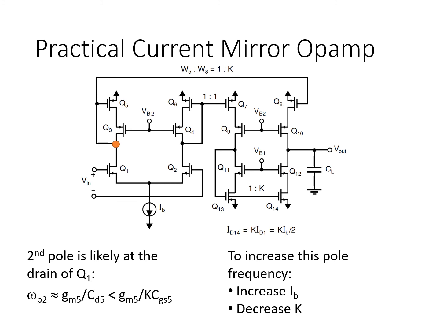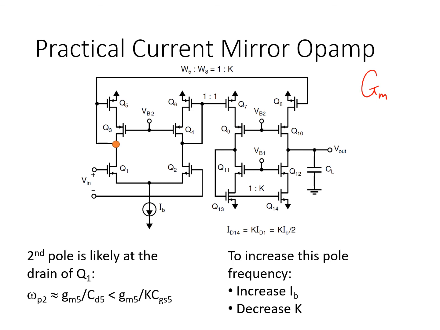And so really there, generally what you want to do is use what little current you have budgeted for the op amp to maximize uppercase GM. Now, in the case of the folded cascode op amp, that means maximizing the small signal transconductance of the input pair transistors. In the case of the current mirror op amp, that means maximizing the current mirror ratio K.